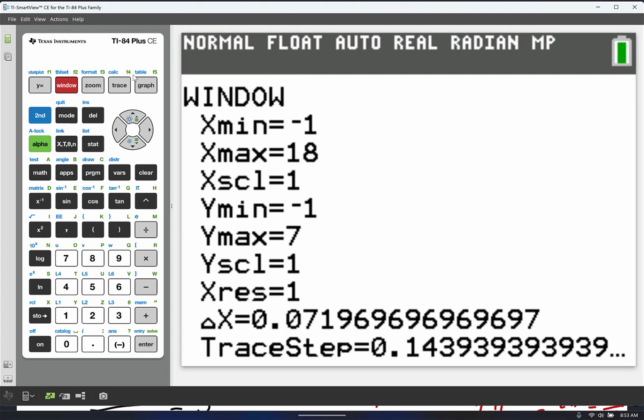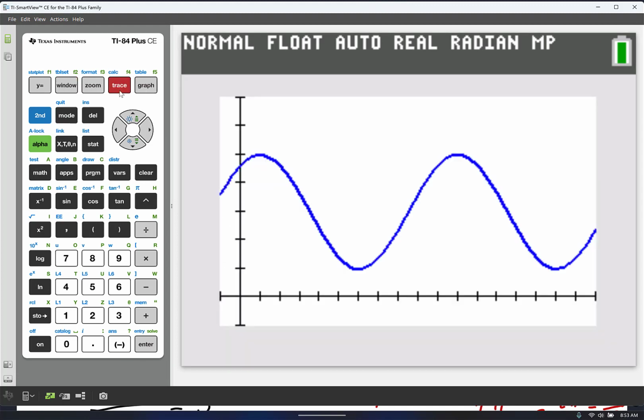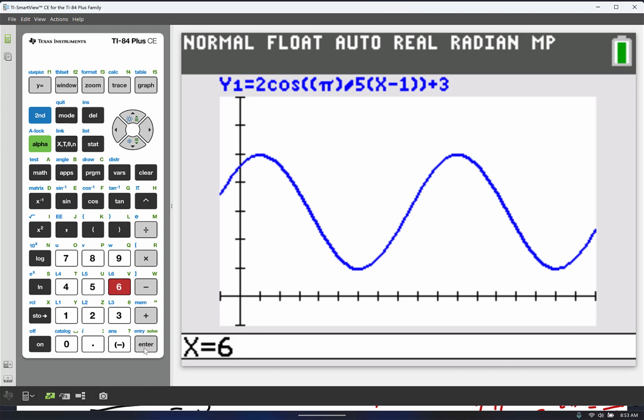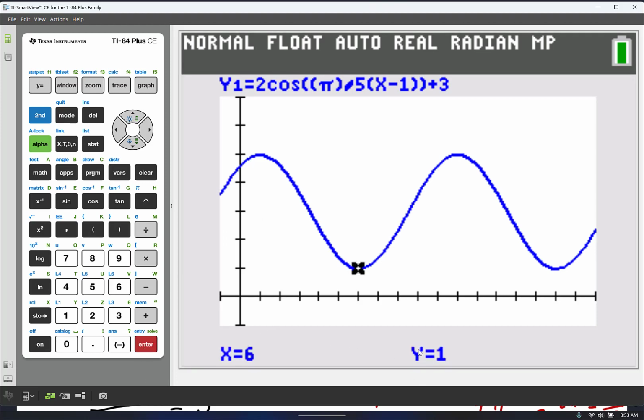So here's my window. All right, here we go. Trace. Trace. 6. Enter. And then look at that. Y equals 1.